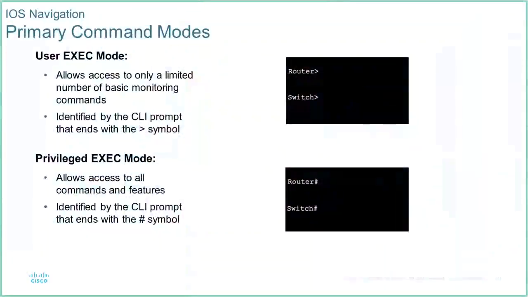So within the device, we have a user prompt that tells us information about where we are within the operating system. And the very first starting point is whether we're in user or privileged mode.